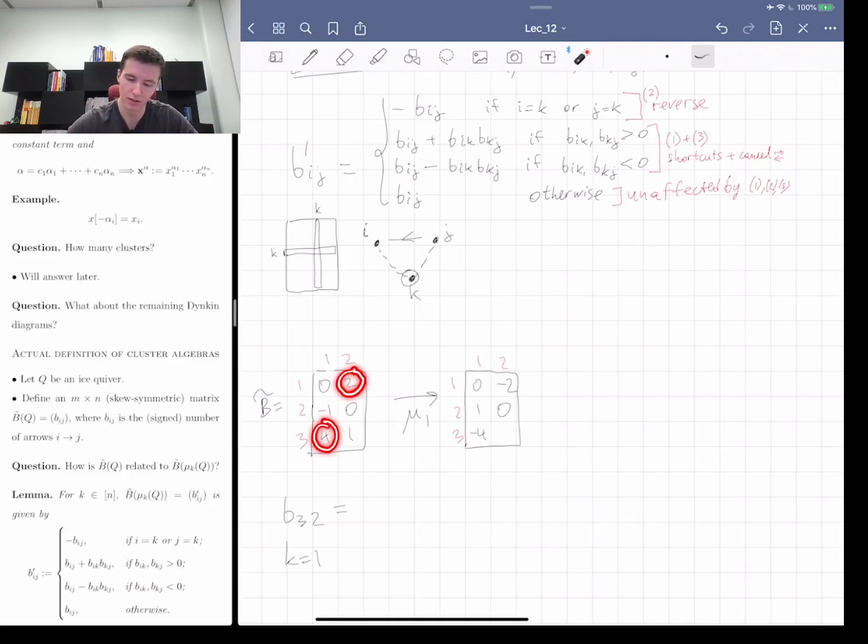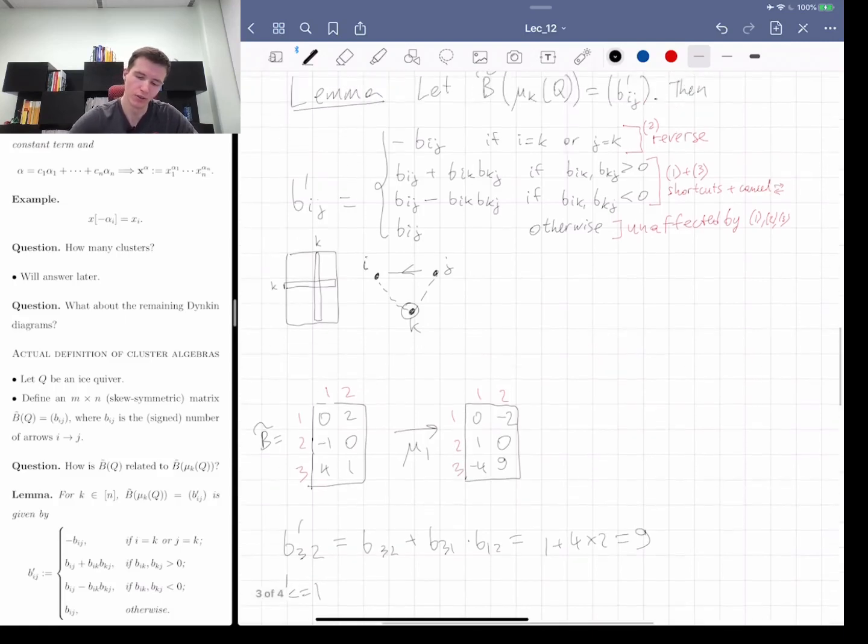They are both positive, so that corresponds to this case here. Since they're both positive, I add their product to bij. So instead of 1, I get b prime 32 is b32 plus b31 times b12, which is 1 plus 4 times 2, which is 9.